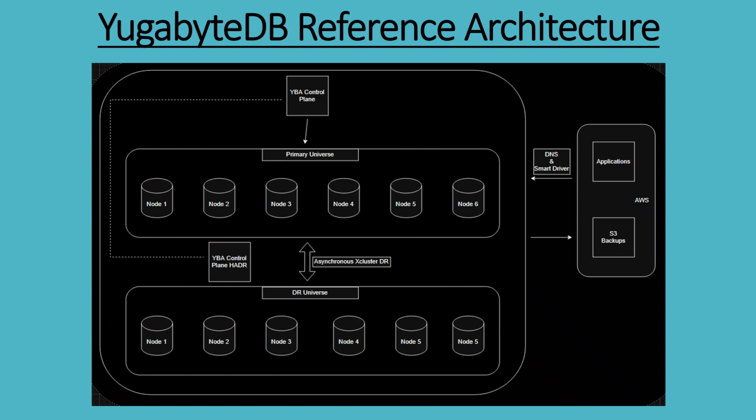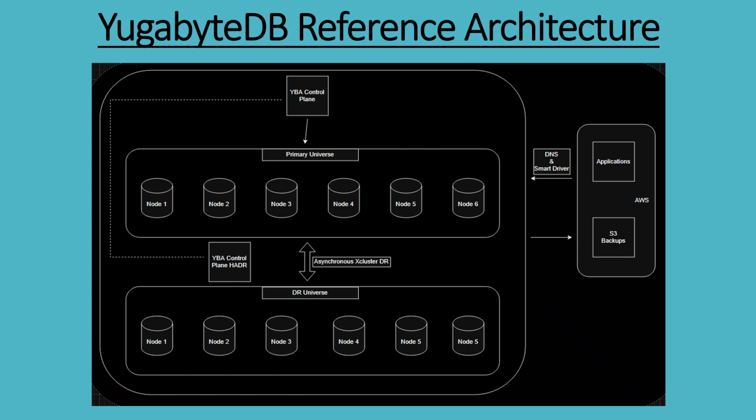Also you can have nodes 1 to 6 as one cluster in the primary universe, whereas in DR you can have nodes 1, 2, 3 as another cluster and nodes 4, 5, 6 as another read-only cluster at DR. So the primary will have 6 read-write nodes, whereas in DR you can have 3 read-write nodes and 3 read-only.